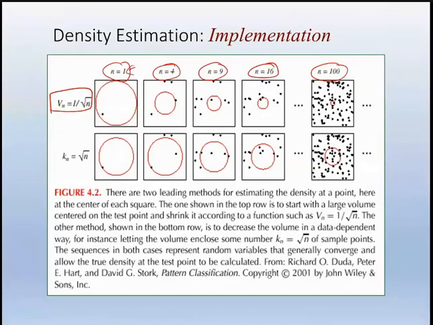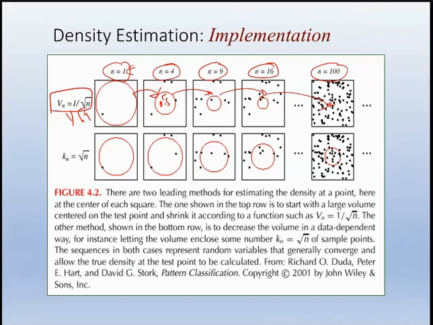Now if I put n equal to 4, it will be 1 by square root of 4, that is 1 by 2, so 0.5. You can see this volume is shrinking, and it keeps reducing for n equal to 9, 16, and then 100.